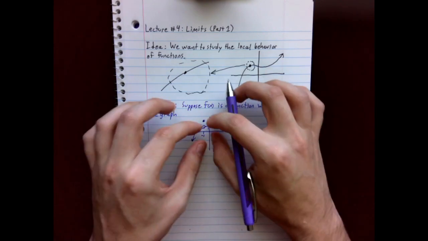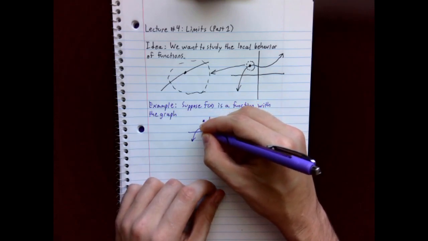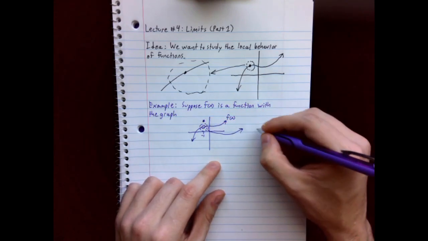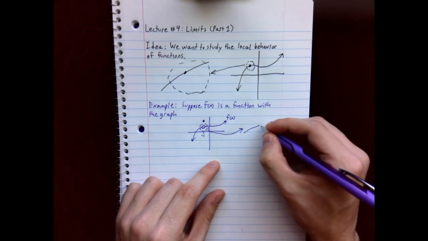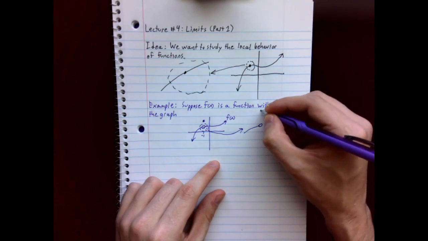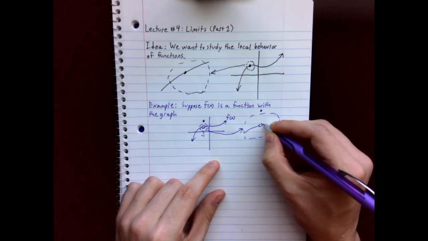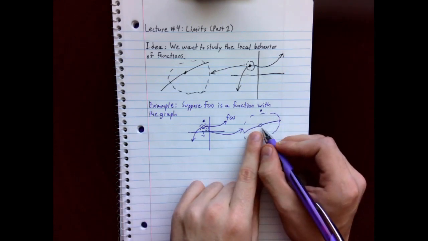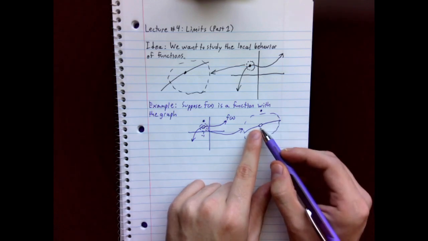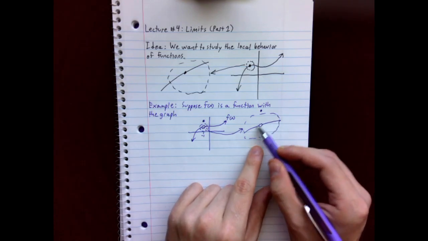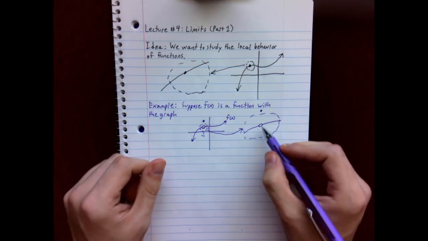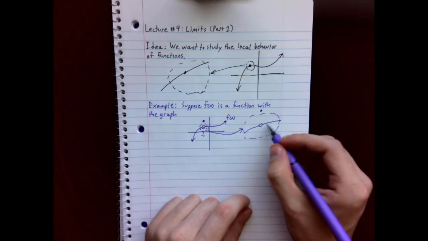So really, locally, I want to zoom in on this and say, okay, here's my function. And I really want to quantify the idea that the function should, in quotation marks, be attaining this value.